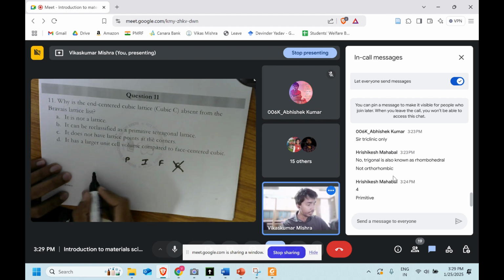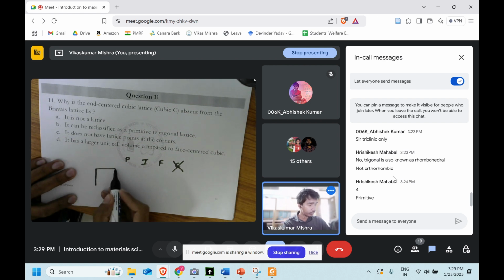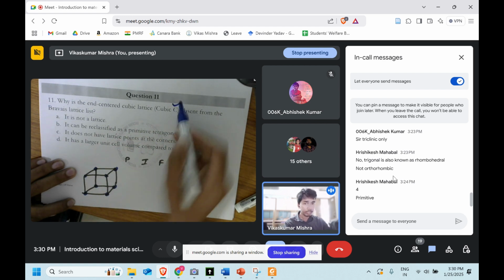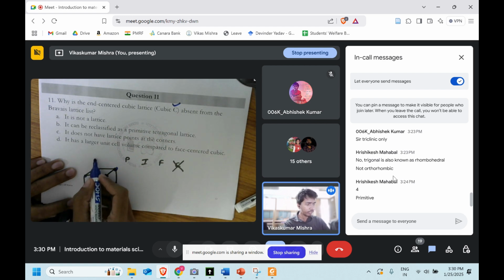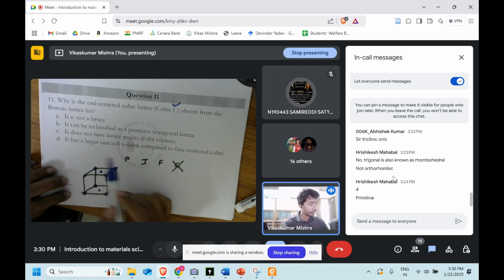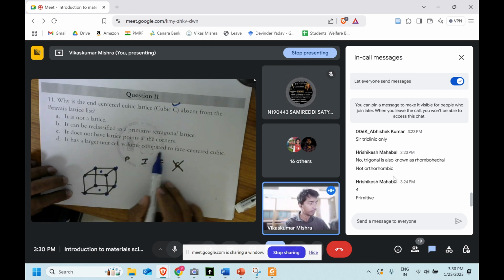So the question is that, let me draw a cube first. At the cube corners we are having lattice points. And cubic C means that along the C axis, which I always take to be the Z axis, along the C axis there is a point. A possible reason could be the fourth one, that it has a larger unit cell volume compared to the face centered.